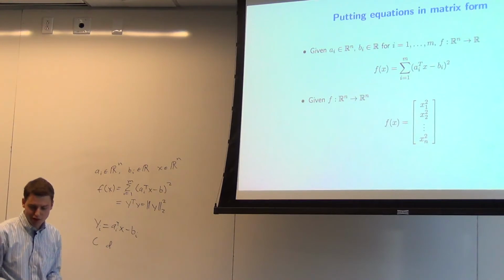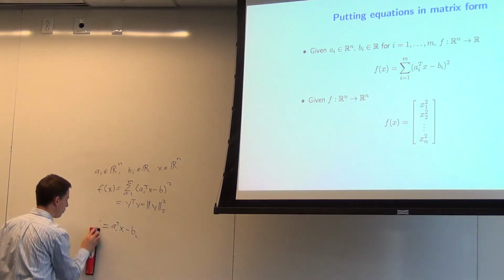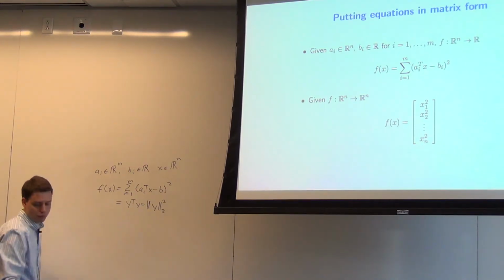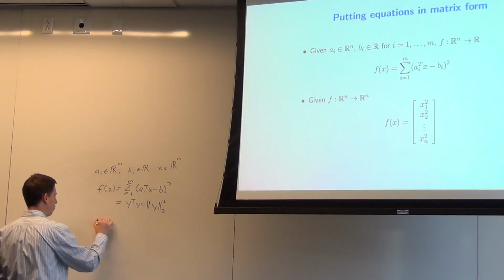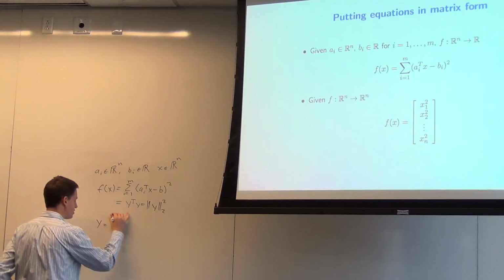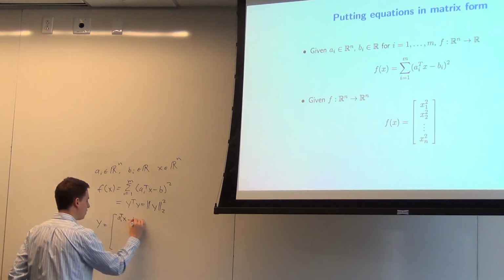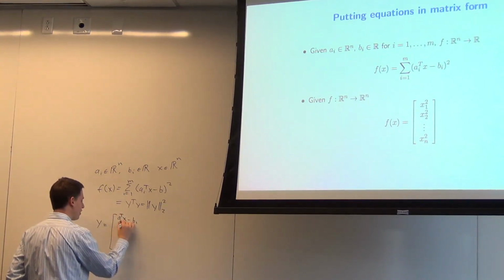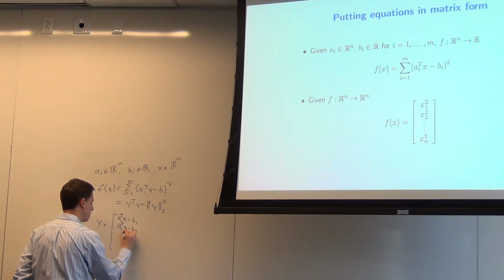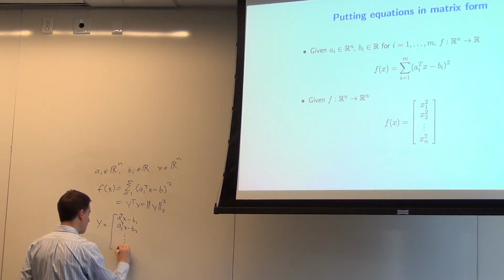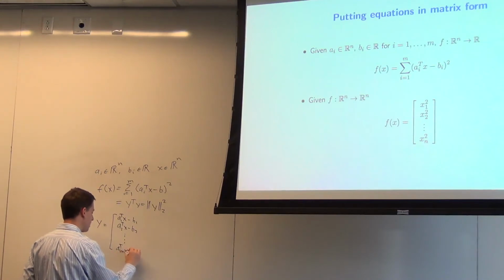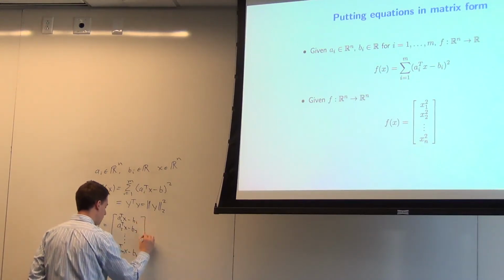So what this is saying, let me write it out, y equals this big vector. It's going to be a1 transpose times x minus b1, then a2 transpose x minus b2, all the way down to am transpose x minus bm.